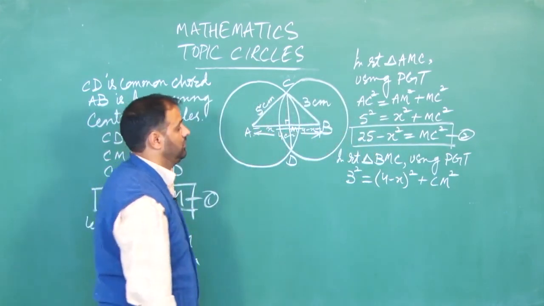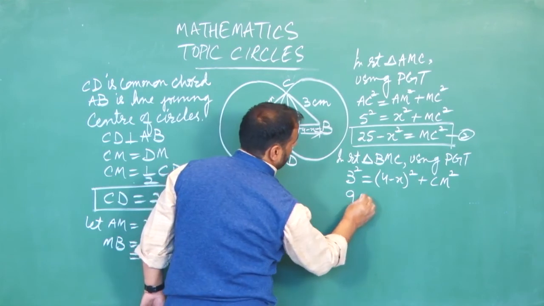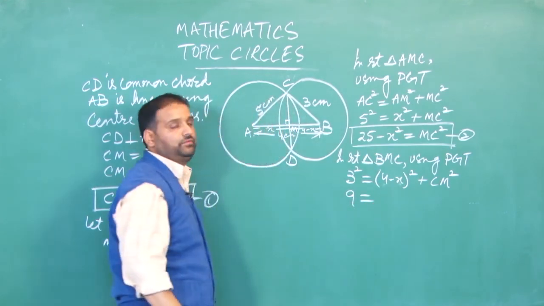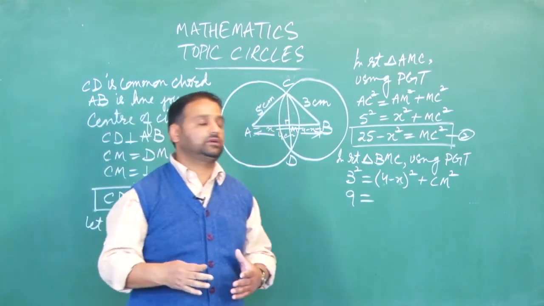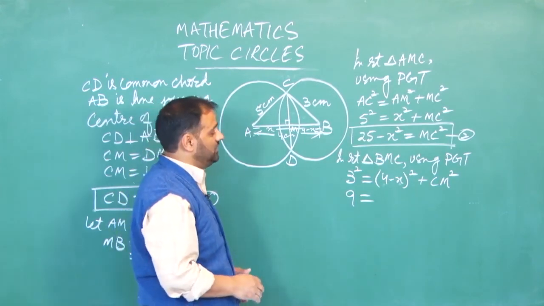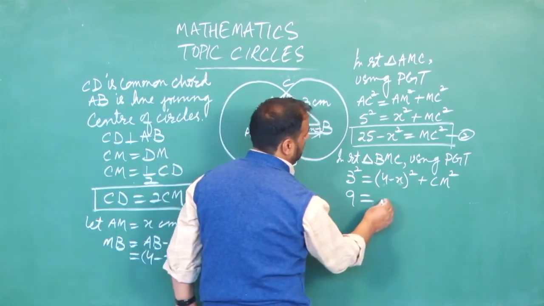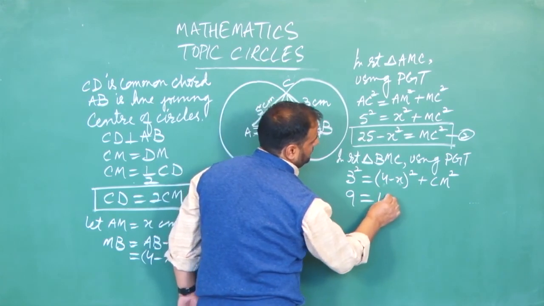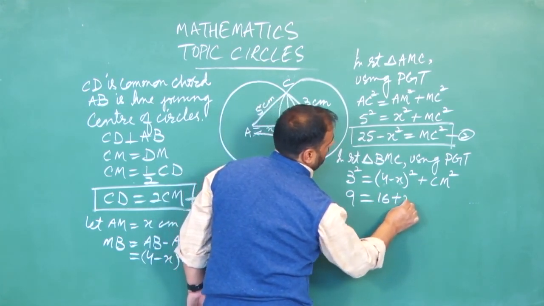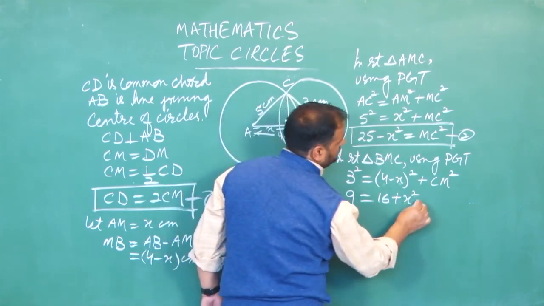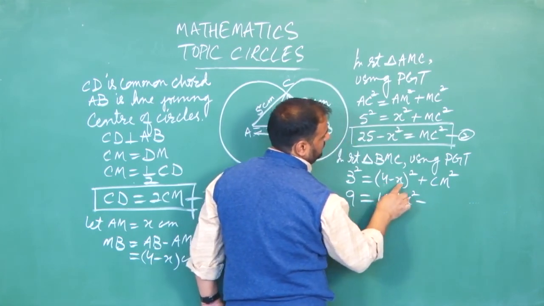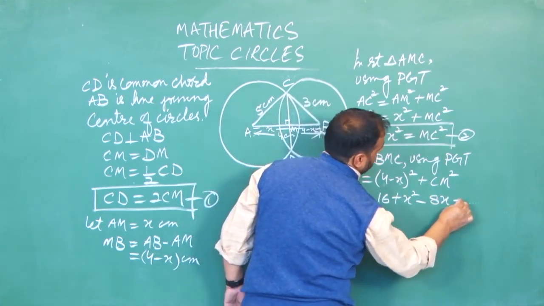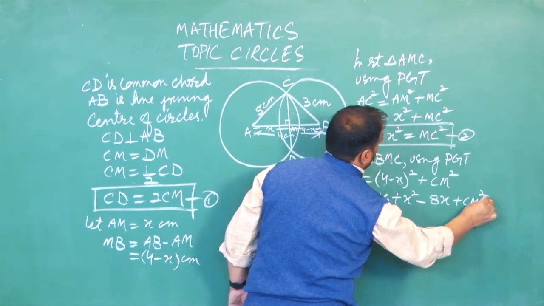So, the square of 3 is 9, and (4 minus x) whole square becomes an algebraic identity, (a minus b) whole square. It is a square, 4 square is 16, plus b square, that is x square, minus 2ab, minus 2 into 4, 8, 8 into x is minus 8x, plus CM square.